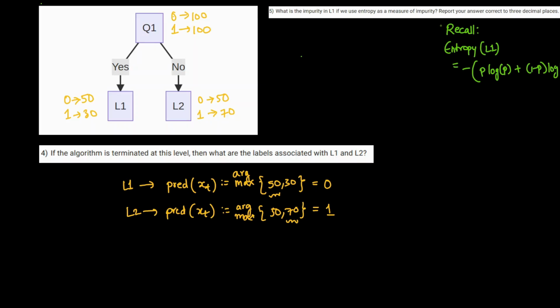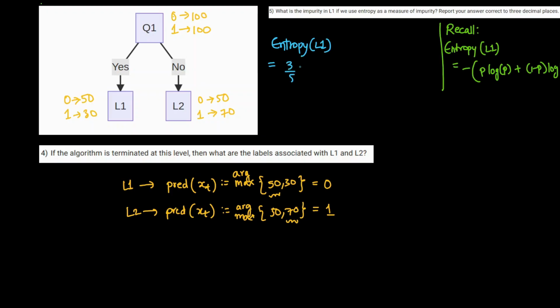So this is the entropy, right? Using this we can say that the entropy corresponding to L1 would be nothing but, what is p? P is the fraction of the data points corresponding to the label 1, right? So that would be 30 out of 50, which is 3 by 5.